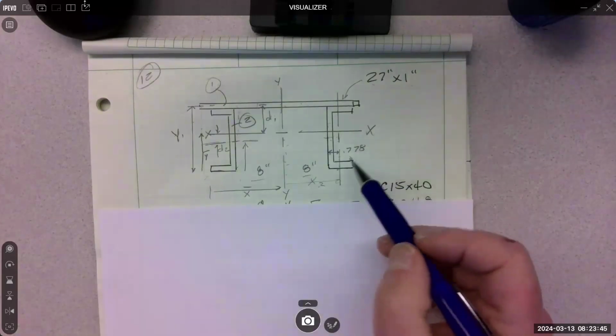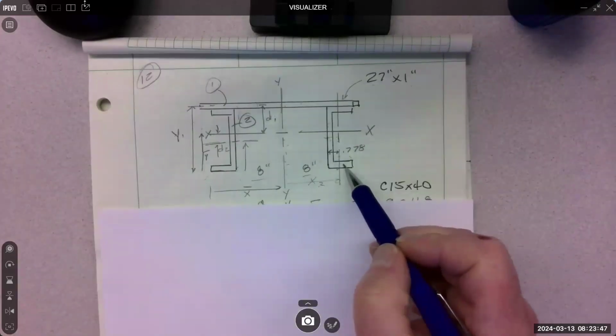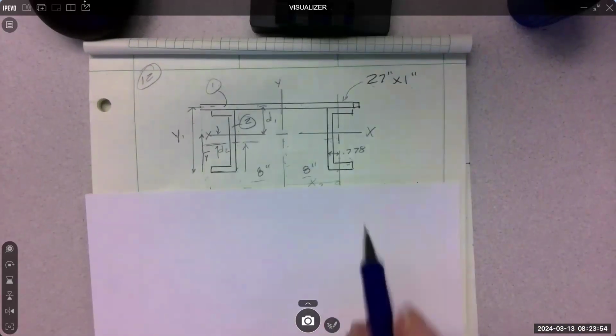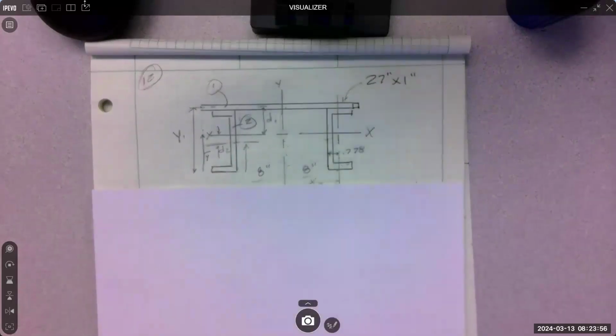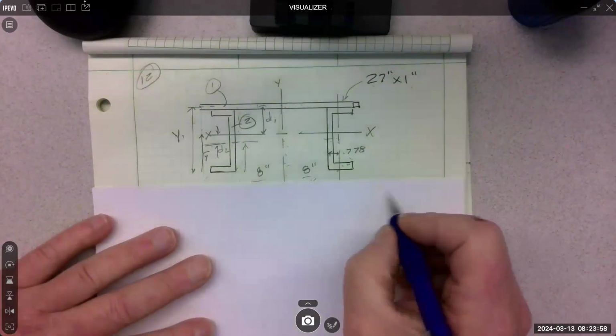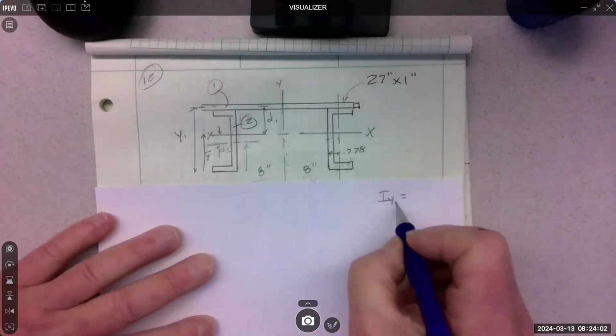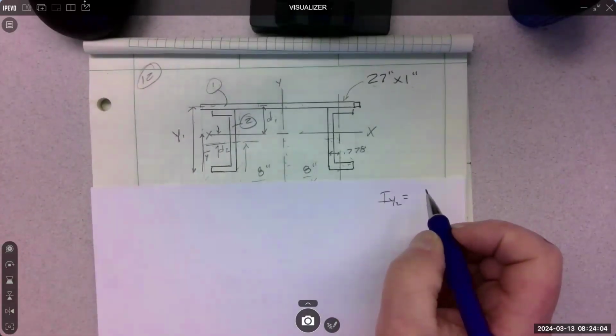So can we look up the inertia about the y-axis for this thing? We looked up the x, 348. Do they give us the y of this? Yeah, they do. So what is the inertia about the y for the C shape, or shape number 2? 9.17.